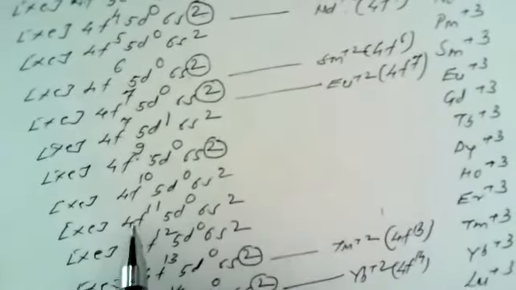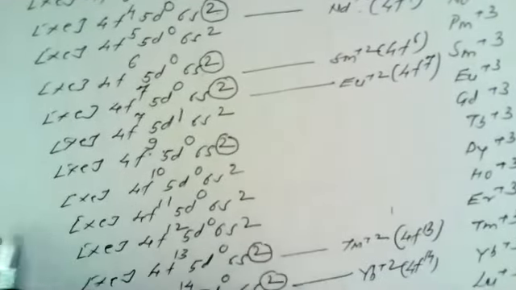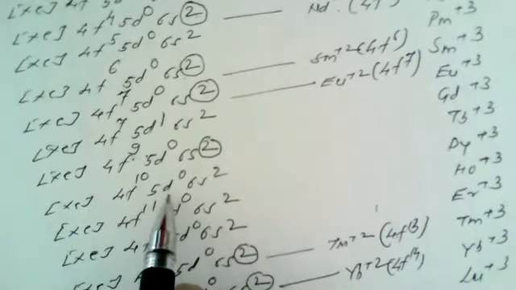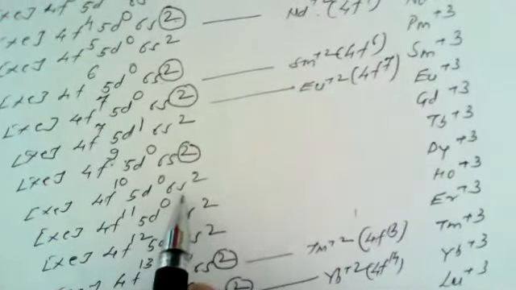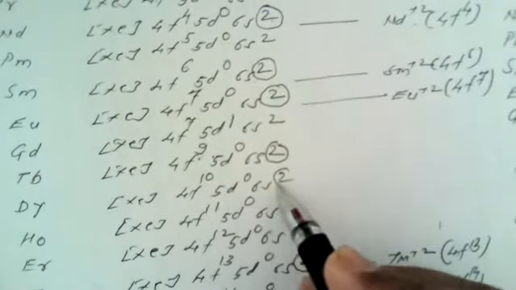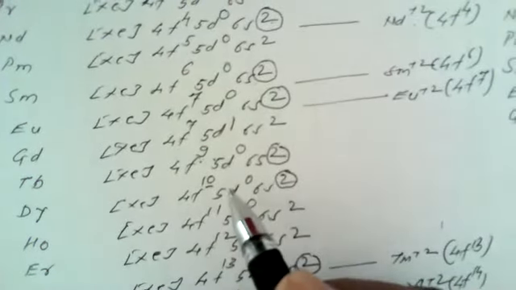Now come to dysprosium. Dysprosium has electron configuration 4f10, 5d0, 6s2. So to show plus 4 oxidation state, dysprosium should lose 2 electrons from 6s and 2 more electrons from 4f.